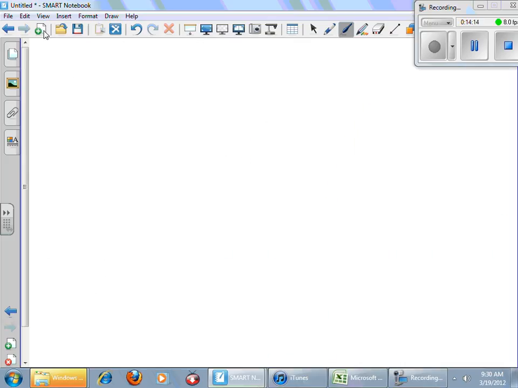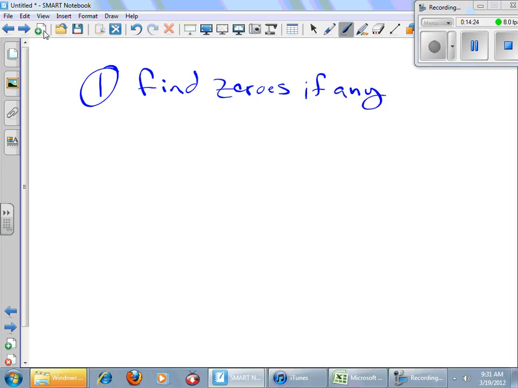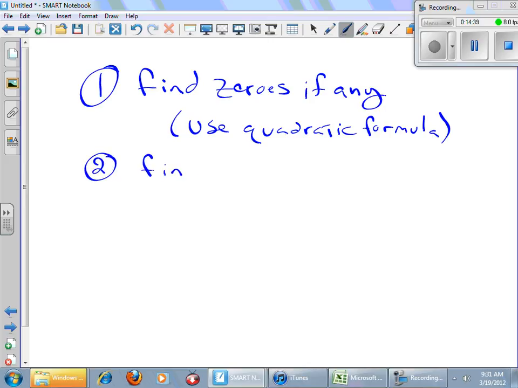Let's review the steps before we do one more problem. The first step was to find zeros, if any, right? And how do we do that? We use the quadratic formula. Okay, the next step is to find the vertex.